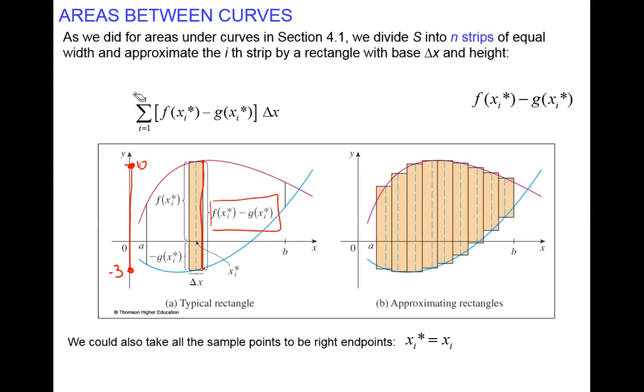To add all of them we use the sigma notation, adding from the first one to the nth one. And if we want the perfect approximation, n must be infinity.